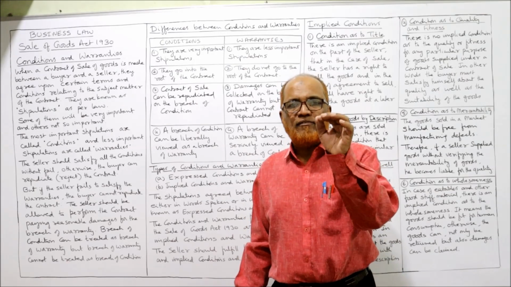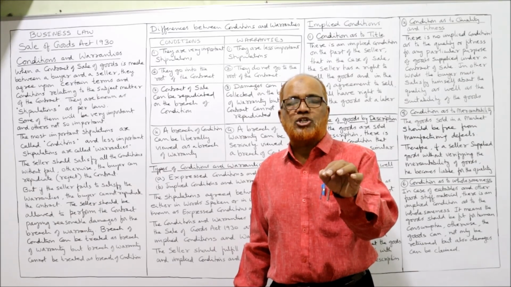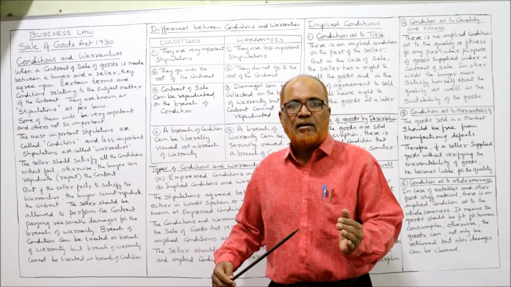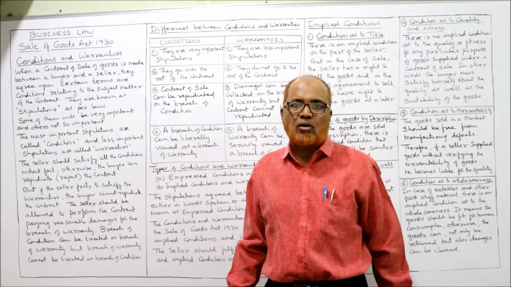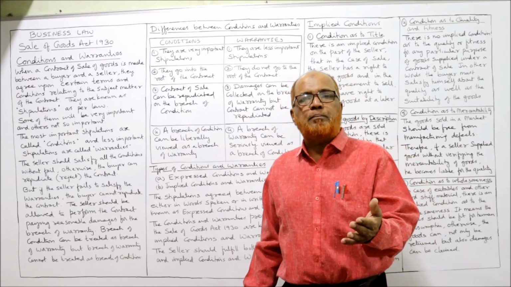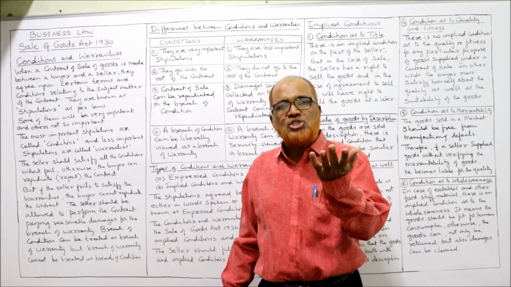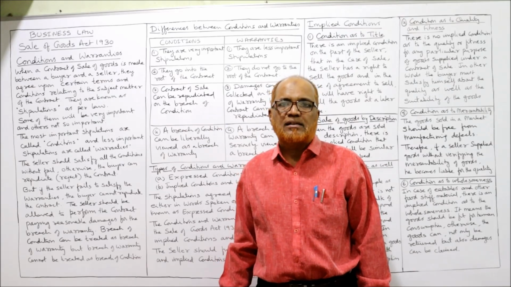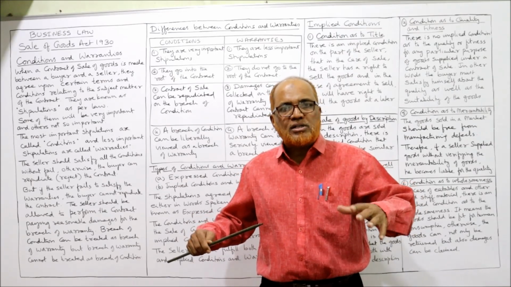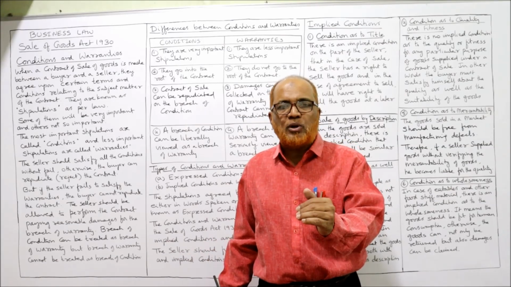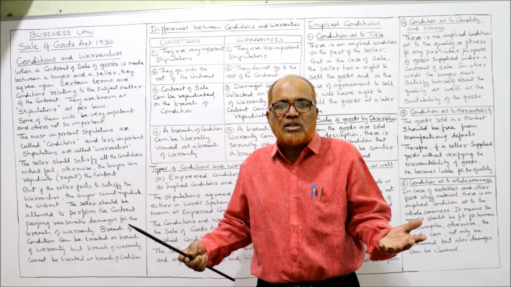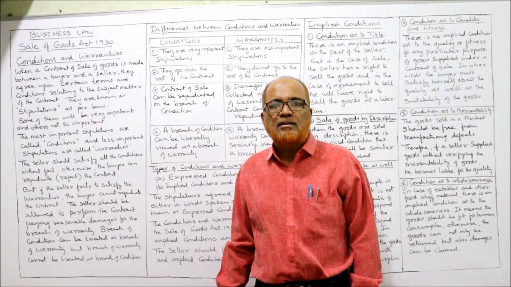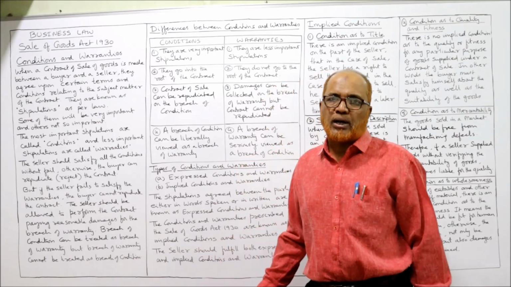And the less important stipulations made by the seller to the buyer are called warranties. So very important stipulations are conditions, less important stipulations are warranties. What are stipulations? Representations made by the seller to the buyer at the time of making the contract regarding the subject matter of the contract.